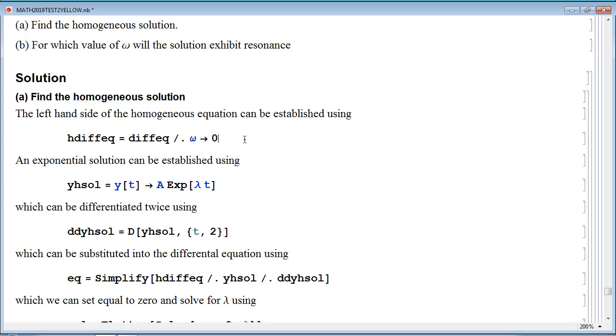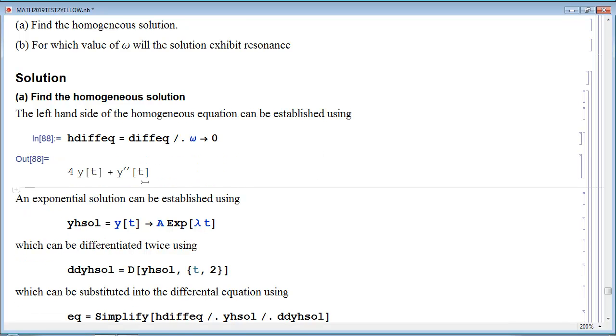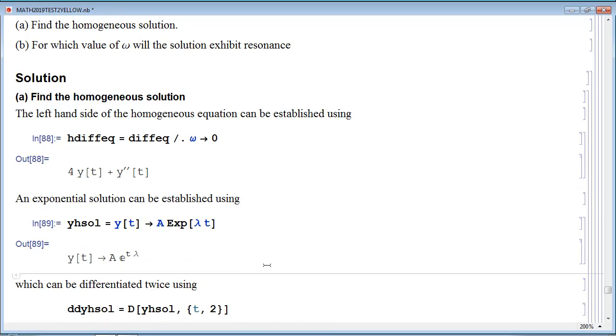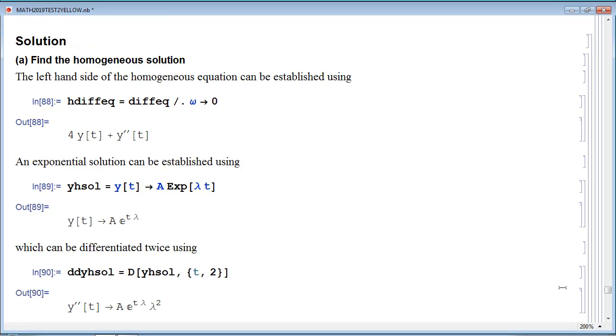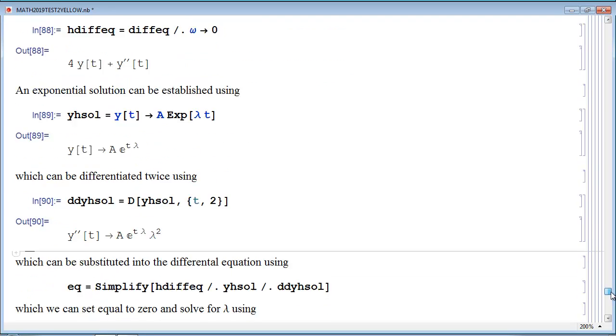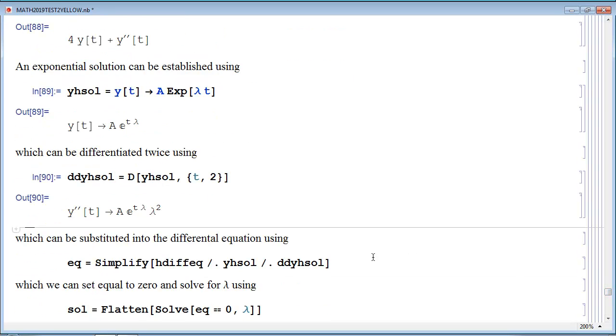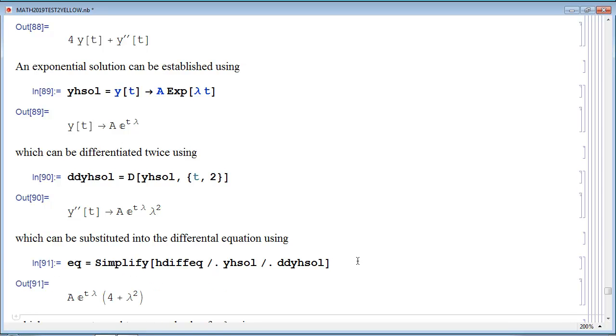We can establish the homogeneous differential equation by setting omega equals 0, so that's what it looks like, and we try and find an exponential solution of this form, which we can differentiate twice using this, and now we can put that into the homogeneous equation, and we see that we get an equation for the parameter lambda.